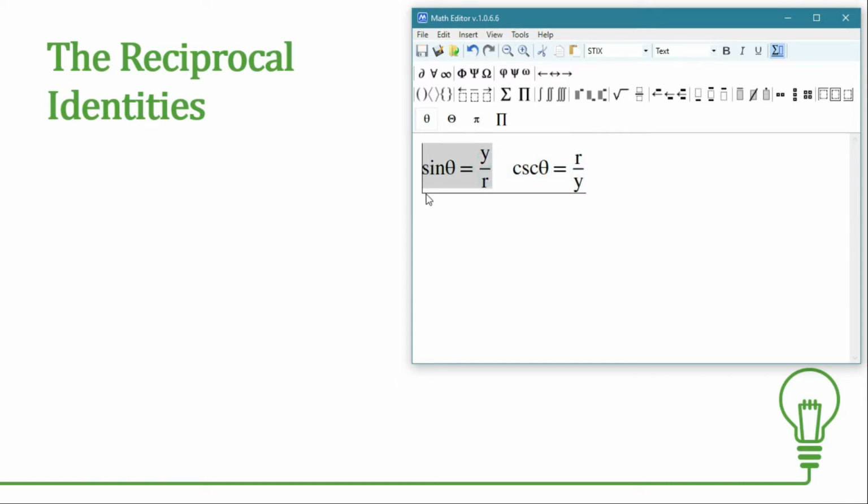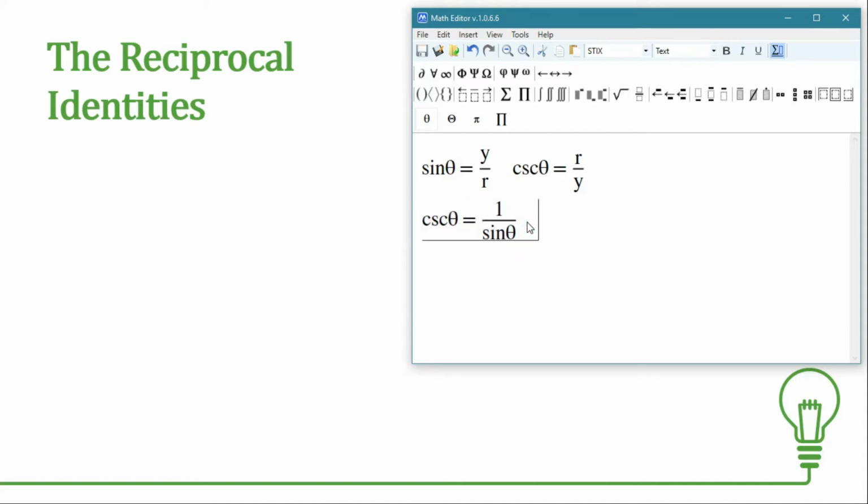So we can directly say that the cosecant function, let's start with the cosecant function, is again the reciprocal of the sine function. We can represent the cosecant function as 1 over the sine function, since we have emphasized that it is the reciprocal of the sine function.